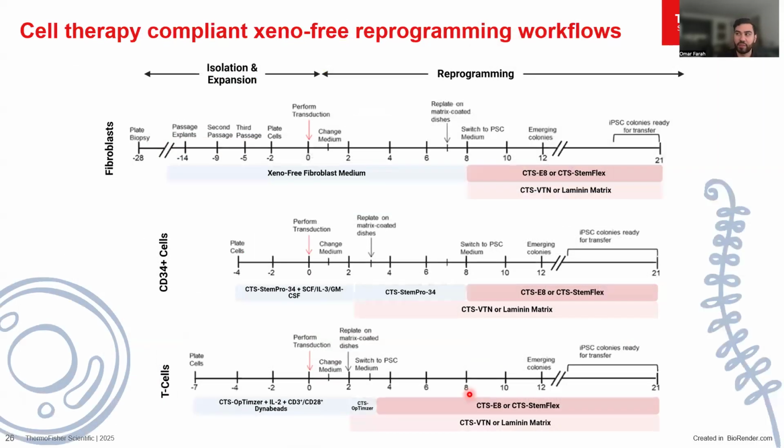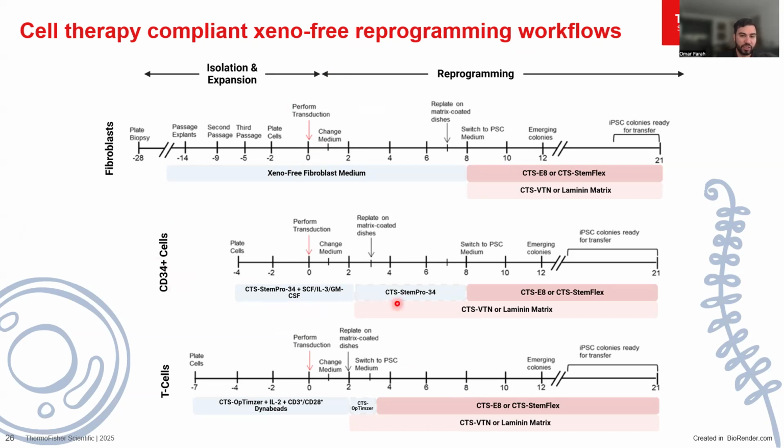And again, very similar to the different protocols that we talked about, but there are recommendations on how to reprogram different cell types with the CTS kit, right? The clinical kit, if you will. Again, in what we call xeno-free workflows, right? Making sure that there are no animal origin components, whether in the kit or even sometimes in the different media that you use, right? I mentioned blood-derived reprogramming.